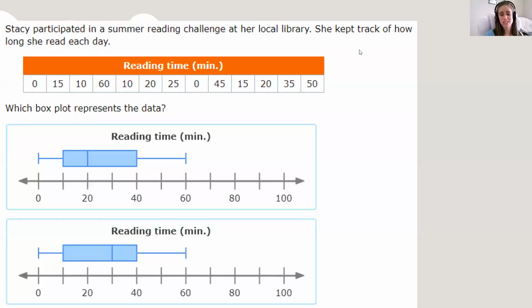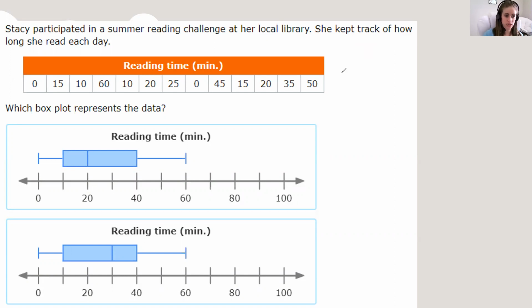All right, when you start getting to the higher levels of this IXL assignment, you may have to do a problem like this, where you are supposed to select a box plot. So we're bumping up the challenge here a little bit. Stacy participated in a summer reading challenge at her local library. She kept track of how long she read each day.